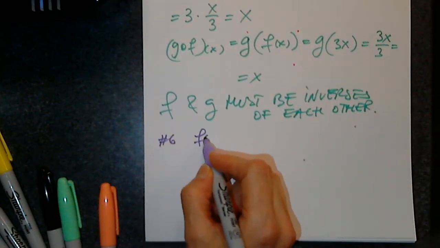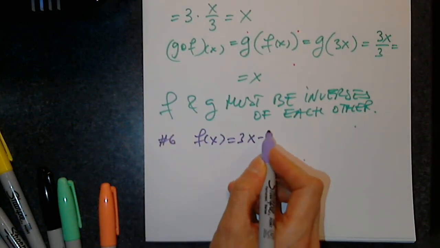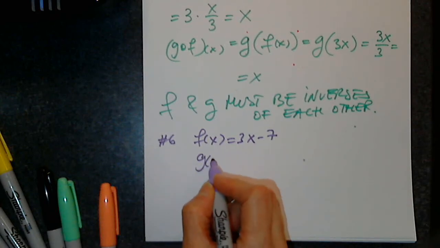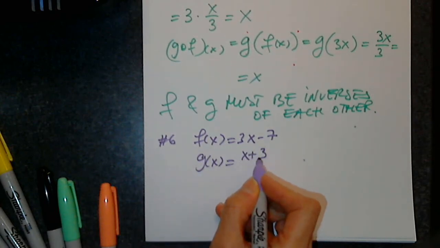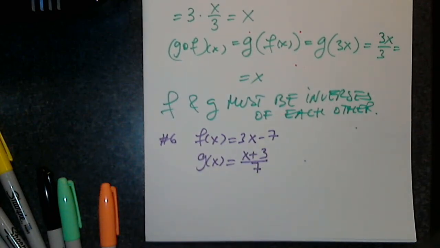So we have f of x, 3x minus 7, and g of x, which is x plus 3 over 7. They're asking us, use the property of inverse functions to determine whether they are inverses of each other.